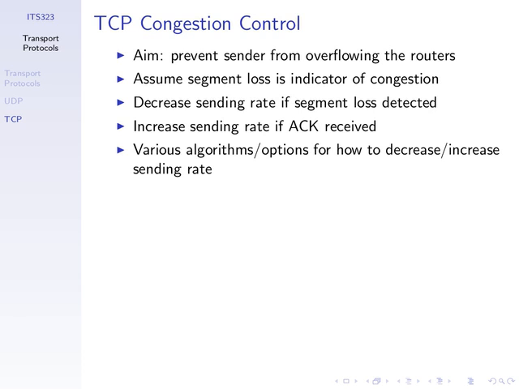The algorithms for flow control and congestion control add more complexity to TCP, and we're not going to cover them in this course. If you choose Internet Technologies and Applications as an elective, then you can cover more on TCP then.